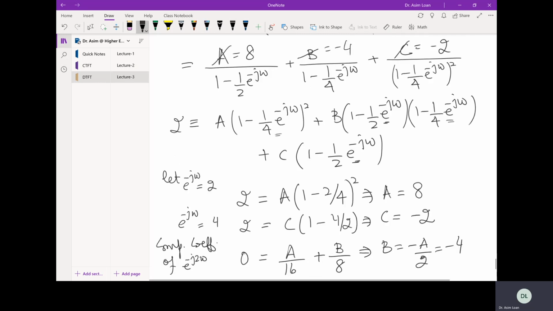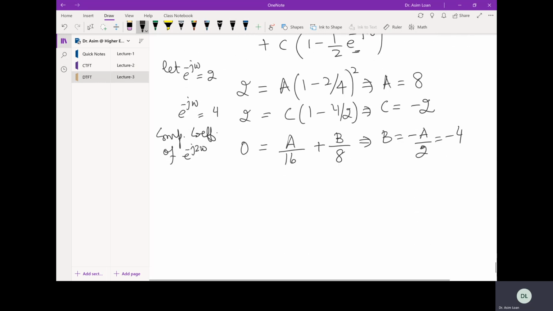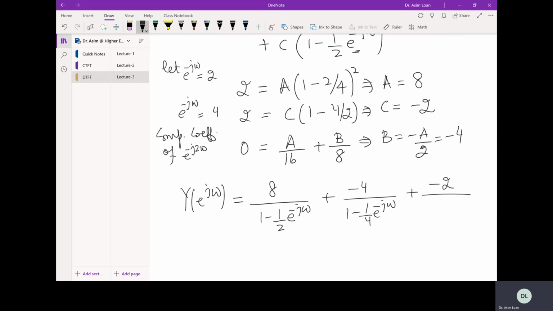So Y of e to the j omega is equal to 8 over 1 minus half e to the minus j omega plus minus 4 over 1 minus 1 over 4 e to the minus j omega plus minus 2 over 1 minus 1 over 4 e to the minus j omega whole square.